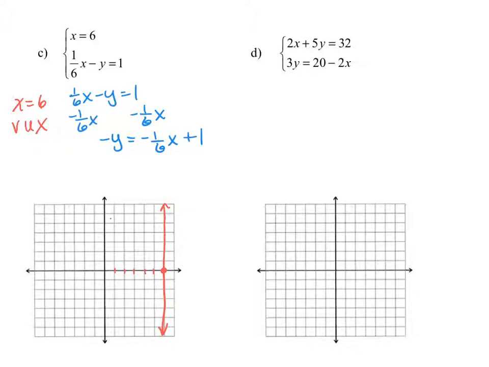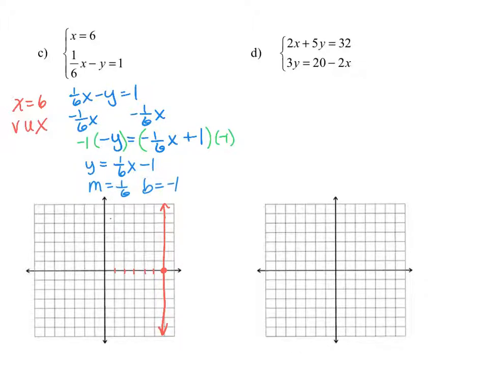We want to multiply or divide both sides by a negative 1 so that we get the y by itself. Y is equal to positive 1 over 6x minus 1. This is a linear equation with a slope of 1/6 and a y-intercept of negative 1.